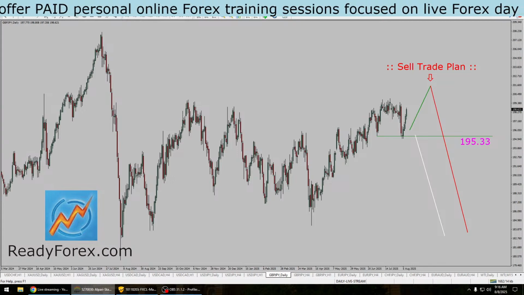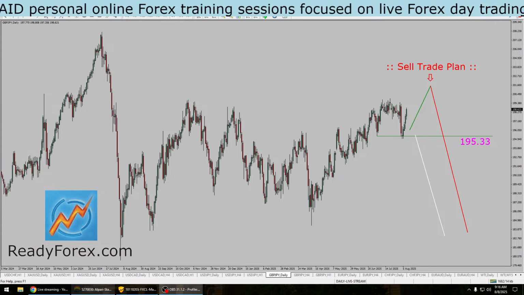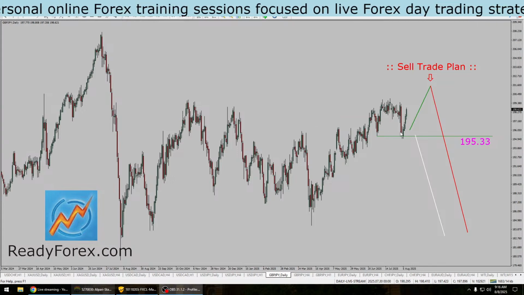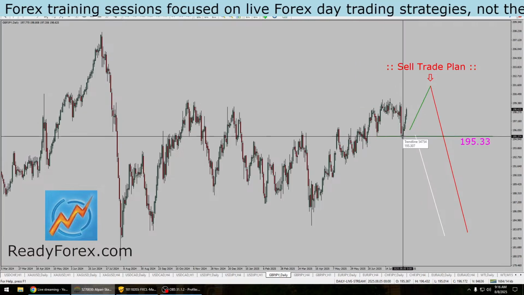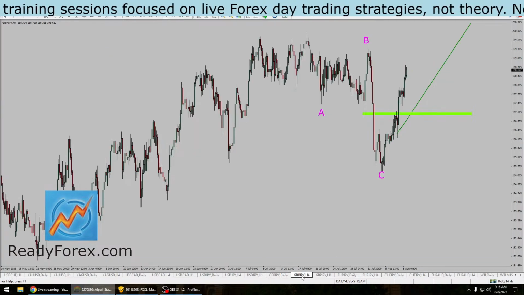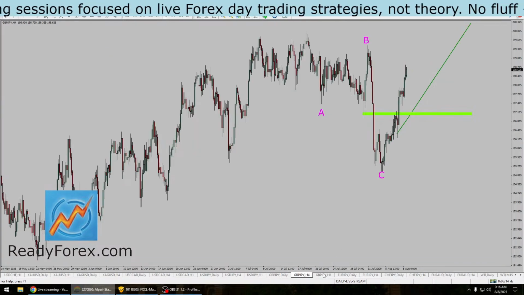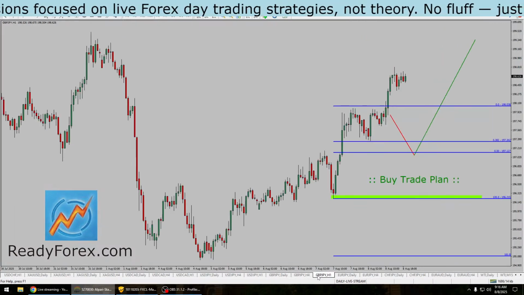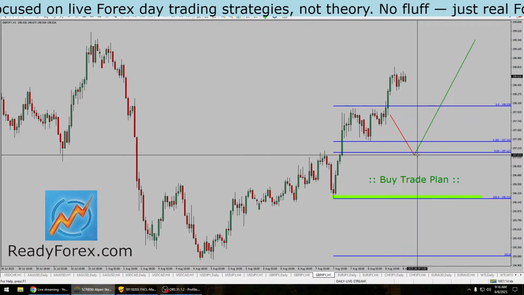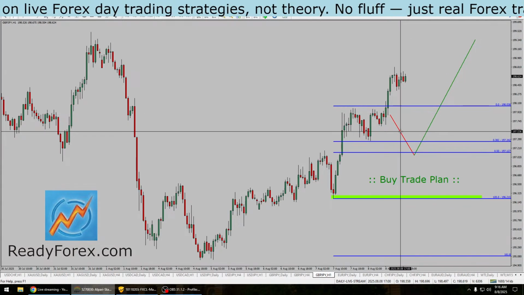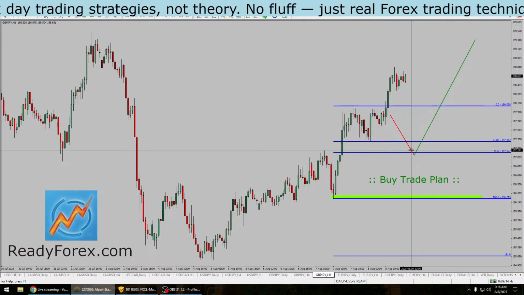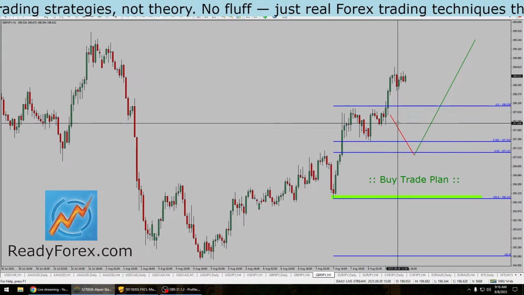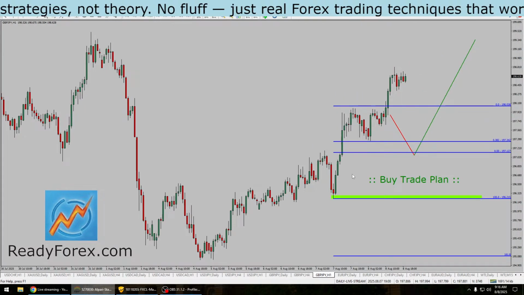Okay, this is what I've mentioned in previous live stream sessions, that I expect a bounce in pound yen, and price action is going up even in the 4-hour time frame. Now this was the buy trade plan. I was waiting for the price action to drop around the 50% level, but price action just keeps going up.